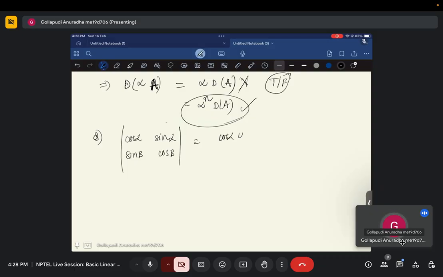Cos of alpha, cos of beta minus sine of alpha, sine of beta. So you can say this as cos of alpha plus beta also. Okay, so it's a simple question also. So move on to the next question.